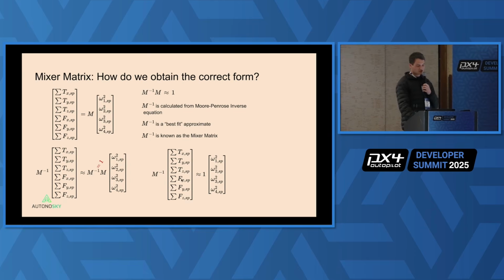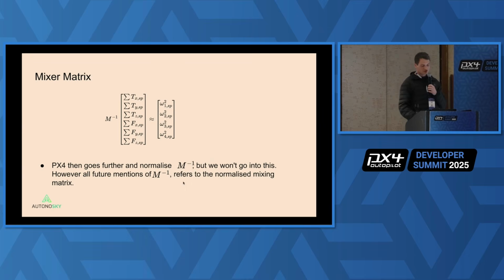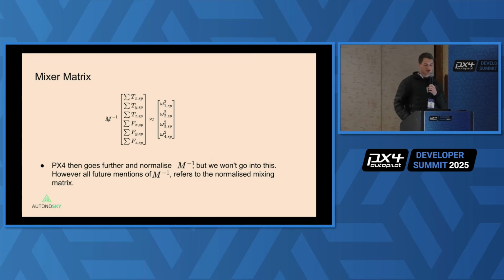So as input, we have our sum of the torques and forces, and then left multiply with the mixer matrix, we obtain the normalized rotational velocities that our motors need to reach to produce these torques and thrust. PX4 then goes further and normalizes this mixer matrix.